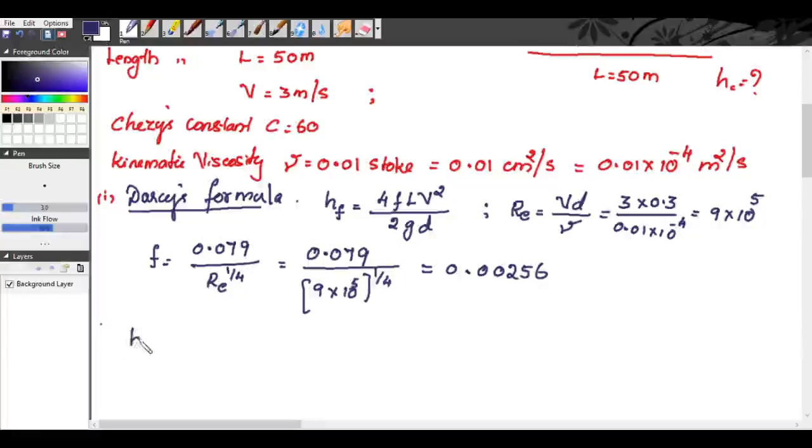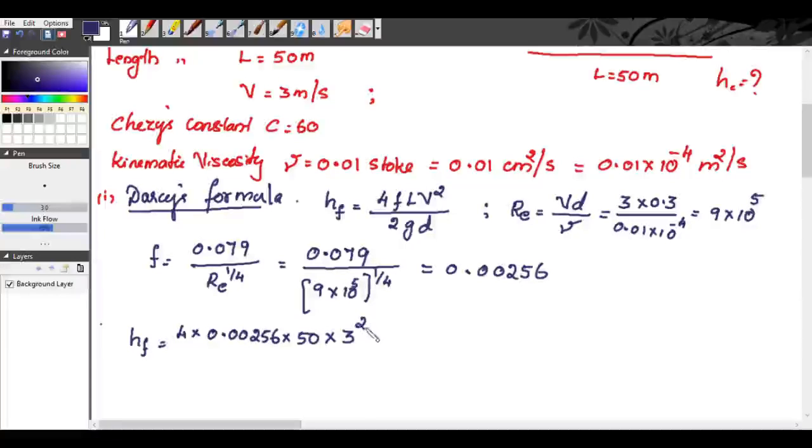We get HF is equal to 4 into the value for F, 0.00256, multiplied by length 50 meter, multiplied by V square. Mean velocity is 3 meter per second.